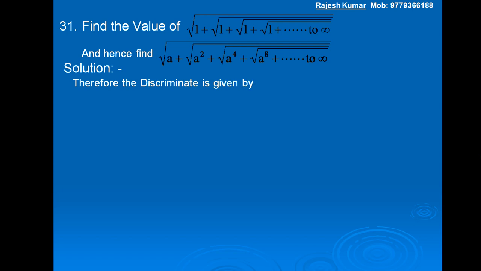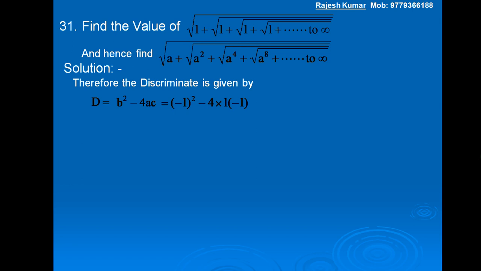Therefore, the discriminant is given by D is equal to b square minus 4ac. Putting the values of a, b and c, this is equal to (minus 1) whole square minus 4 into 1 into minus 1.